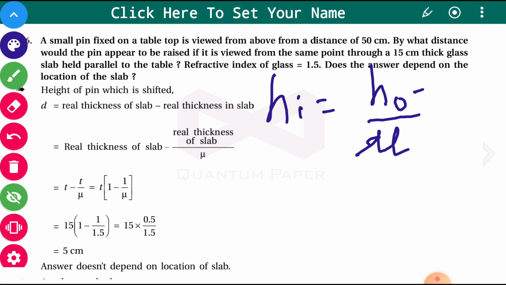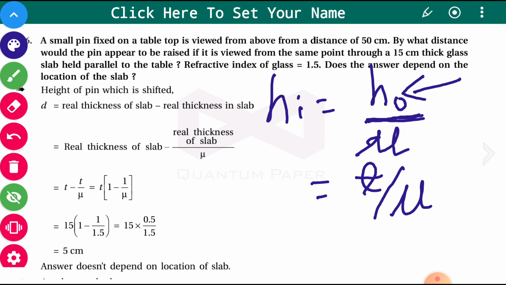So if this Ho, that is the original height or original depth, is T, that of the thickness of the slab, because the pin would be at the bottom of the slab, then the imaginary height would be T by mu.